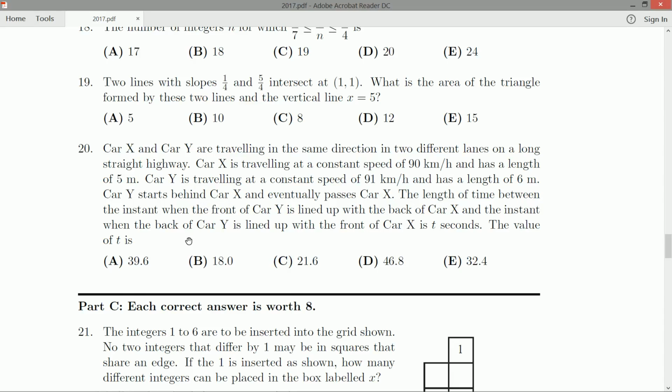Okay, let's draw a picture of the 2 scenarios. So we care about 2 particular times, and we want the difference between them. So we have car Y a little longer than car X, and we care about this moment in time. So we'll assume that they start off like this.